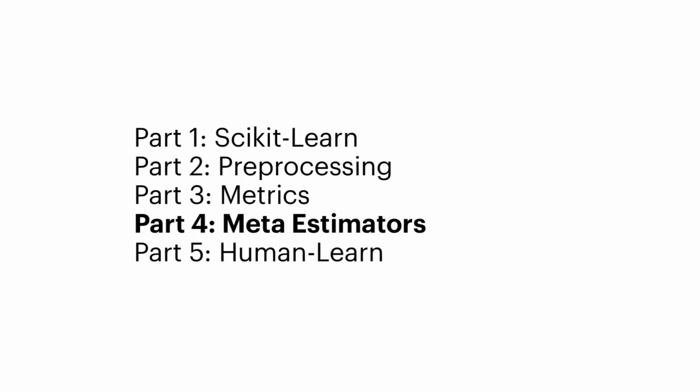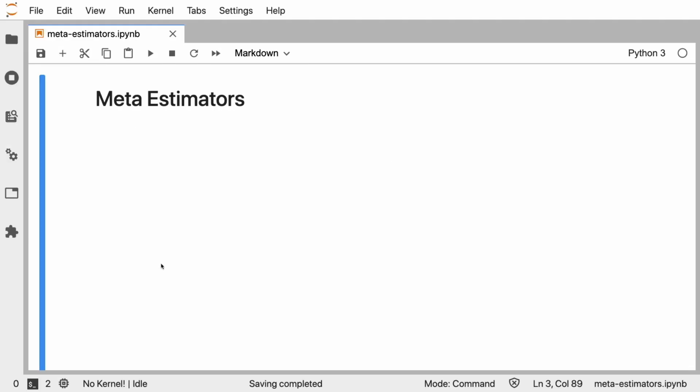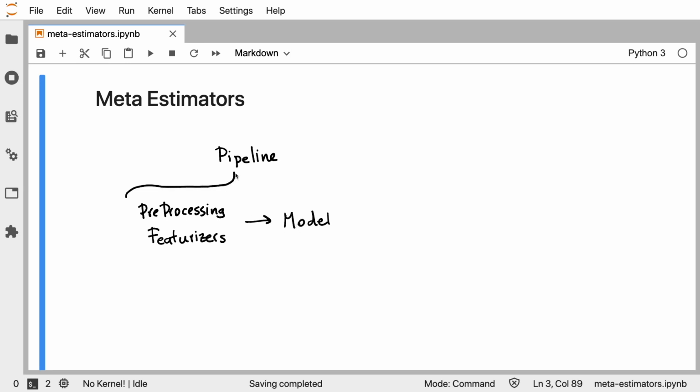Let's now move on to a relatively fancy feature of scikit-learn, the ability to work with meta models. Usually in scikit-learn, what you'll do is you'll make a pipeline, and that pipeline will have pre-processing tools, maybe some featurizers, and after that you'll have a machine learning model. And the idea is that this pipeline is just a very convenient way to connect everything here.